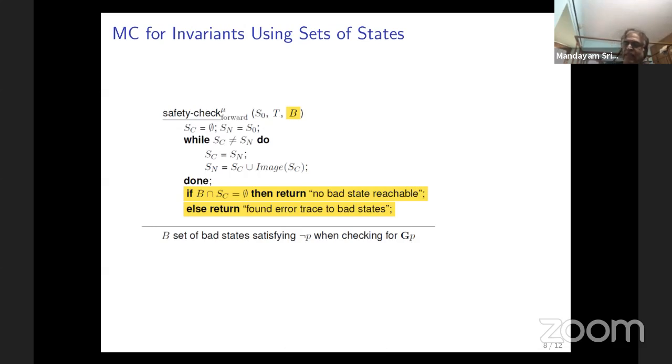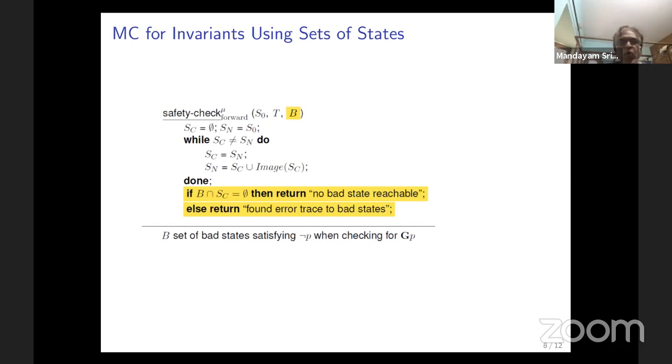So in this sense, there are no nested formulas. There's only one temporal operator at the outermost level. And this kind of property, that is AG of P, or G of P if you're in LTL, can be checked by just collecting the set of all reachable states.